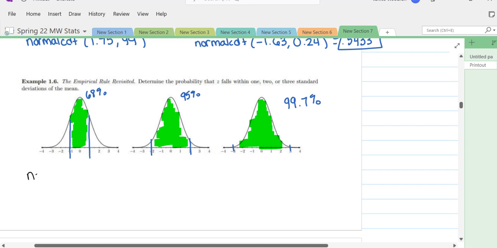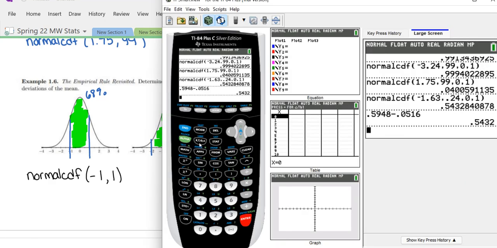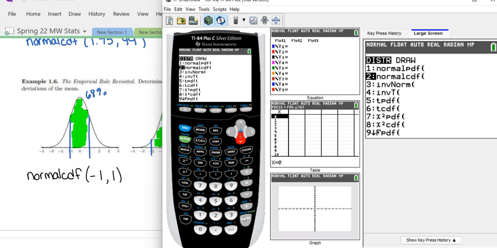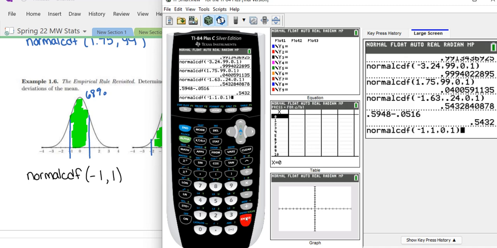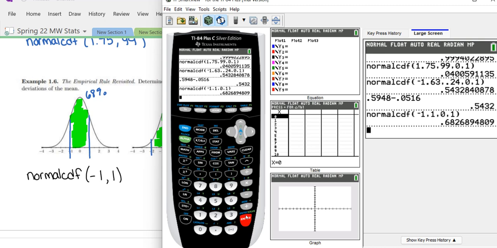If I go to my calculator and go normal CDF, lower limit of -1, upper limit of +1, mean of 0, standard deviation of 1. 0.6827 is the exact amount there.